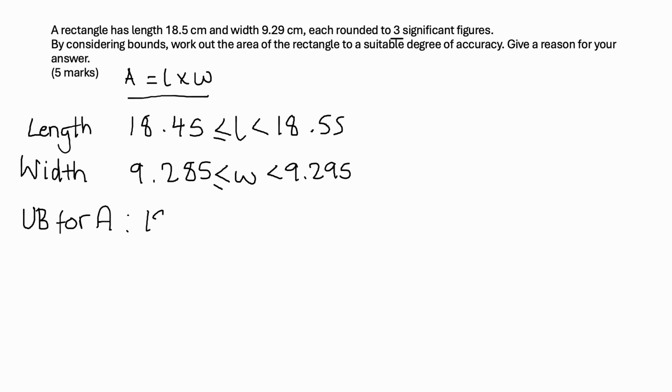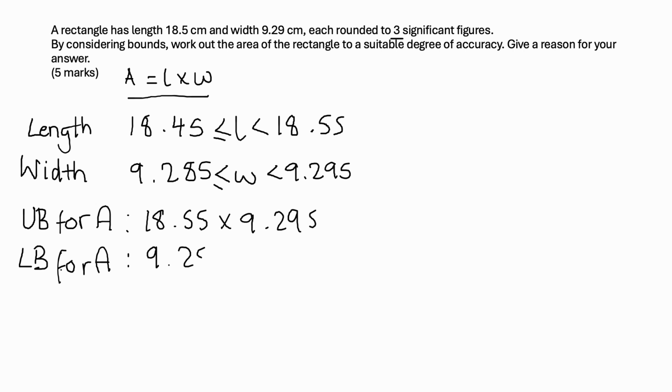So we're going to do 18.85 times by 9.295. And for the lower bound, same thing. We're going to do for A, for area, 9.285, the width, times by 18.75. Should have done the length first.